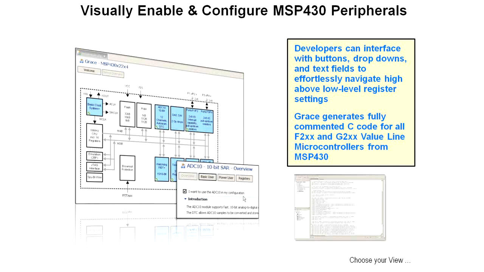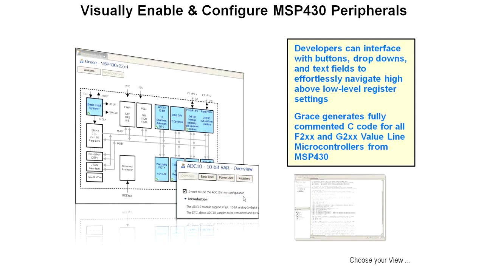So Grace lets you visually enable and configure MSP430 peripherals. The diagram on the left shows you the MSP430 F22X4. You can see an overview of what's inside the part.